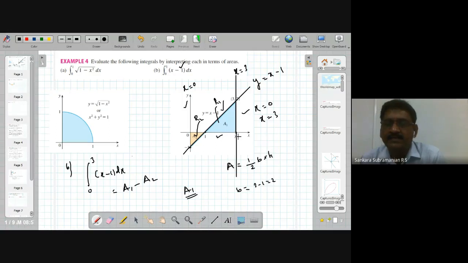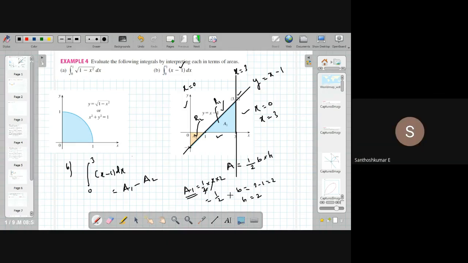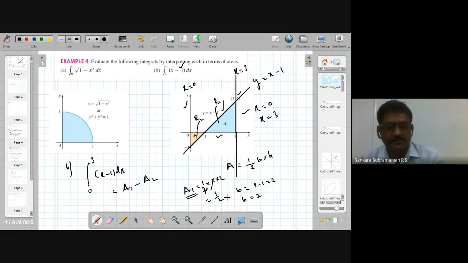What is the height? 2 units. So height is also 2 units. This is the x coordinate, this is the y value. So therefore, area 1 is half into base into height. You get 1 by 2 into 2 into 2.